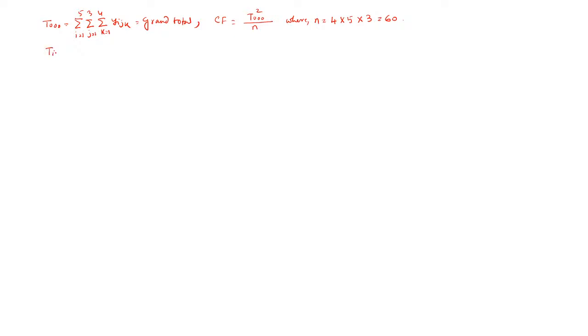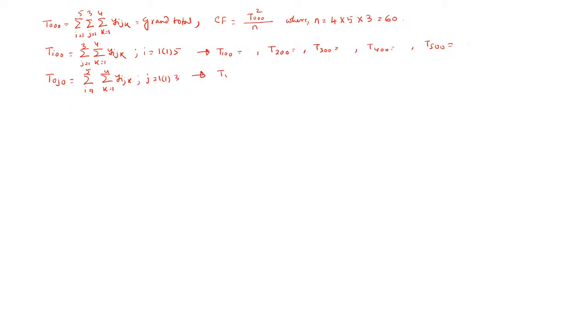Now compute Ti00 bar, which equals the sum over j from 1 to 3, k from 1 to 4 of Yijk, where i is from 1 to 5. So you need to compute T100, T200, T300, T400, T500. Then compute T0j0, which equals the sum over i from 1 to 5, k from 1 to 4 of Yijk, where j is from 1 to 3.